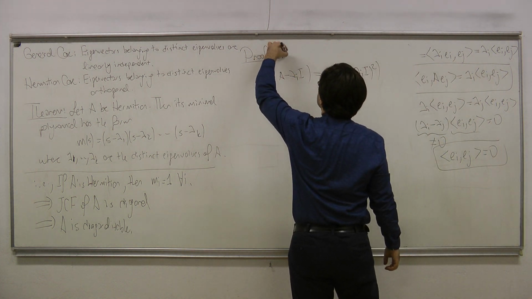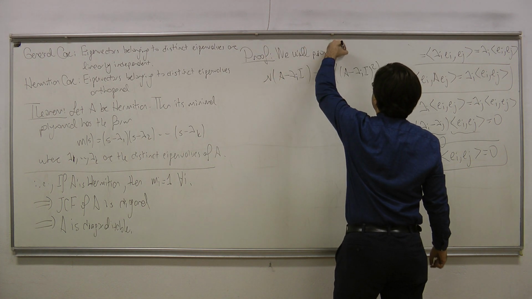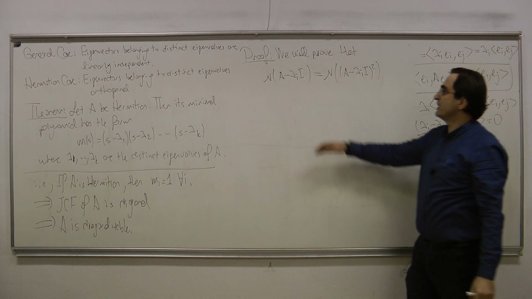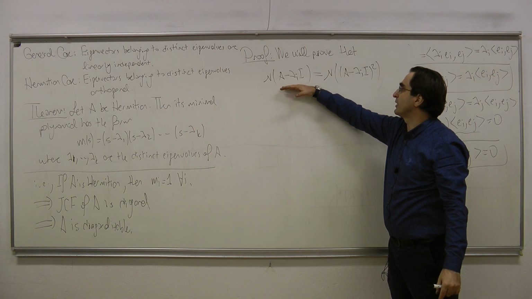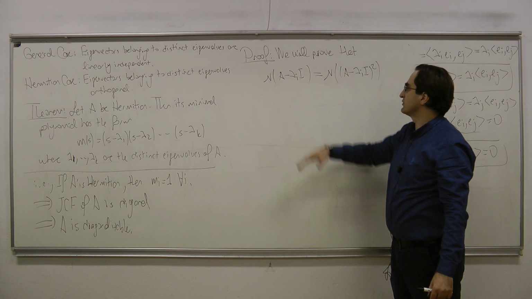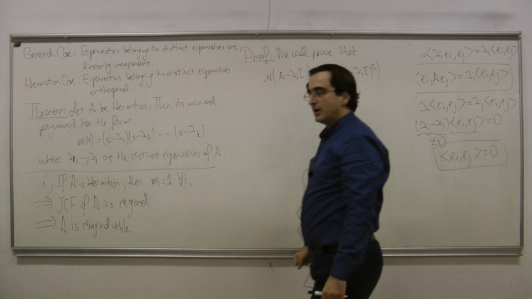So we will prove that there is such a null space equality, which means that the growth of the null spaces stops at the first power. So this is the largest null space. So equality is satisfied when we increase the power.